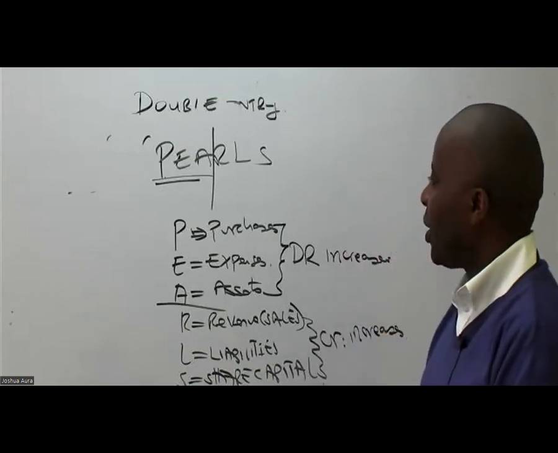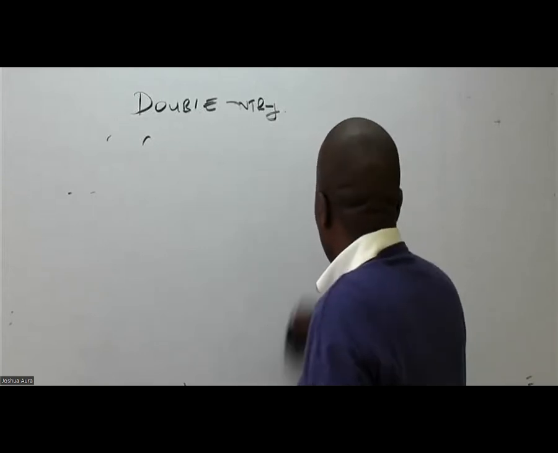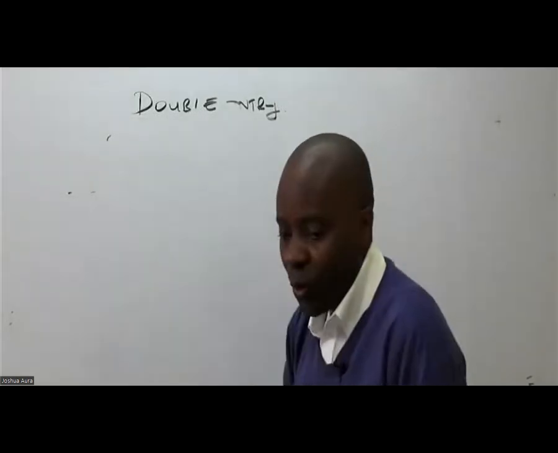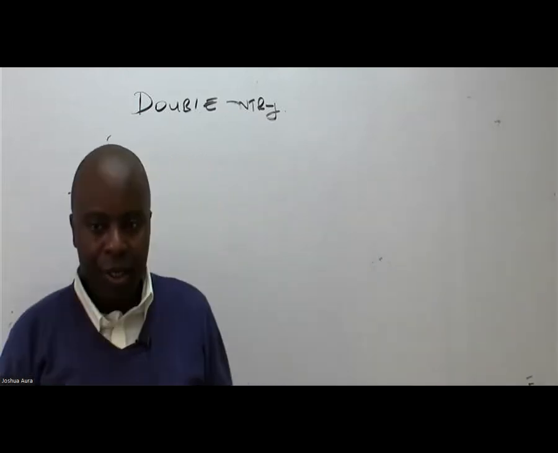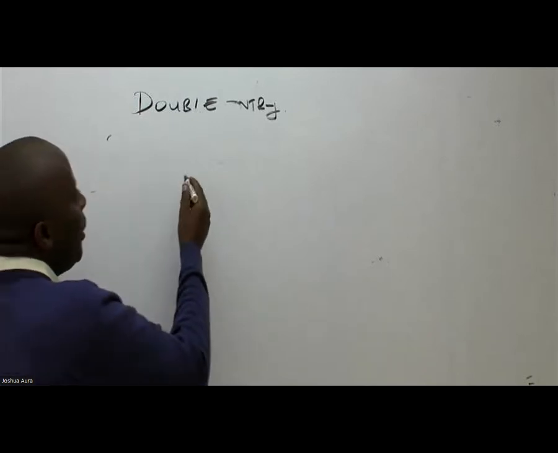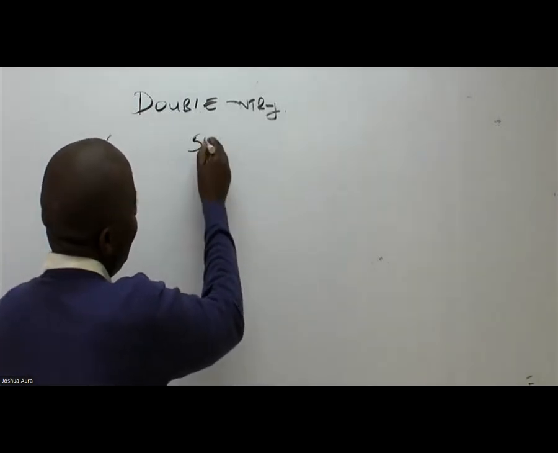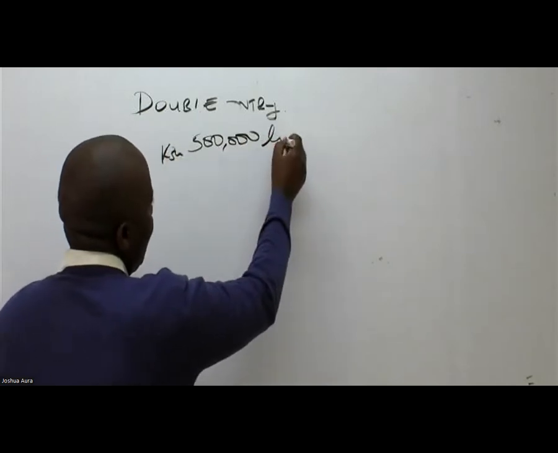And I would want to start, ladies and gentlemen, straight away by writing a few statements here. Joshua Aura starts a business. And in this business, he is able to put 500,000 Kenya shillings into his business.